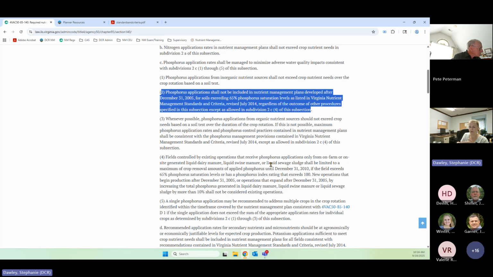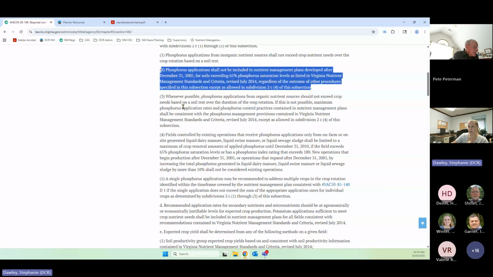If you are falling below 100, that is basically under 65% base saturation, and you can apply phosphorus at a kind of metered rate. Once you get over 100 in the phosphorus index, that would be over your 65% base saturation, and that would allow no more phosphorus on that field, even from a manure or biosolid perspective, until that field's level was brought down in soil testing.